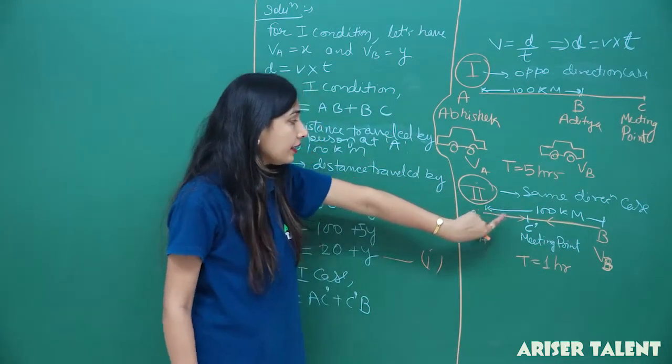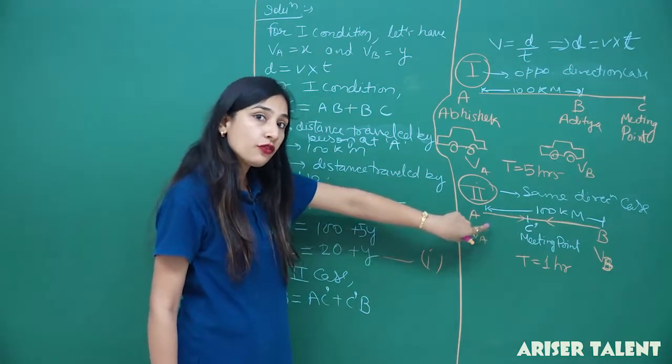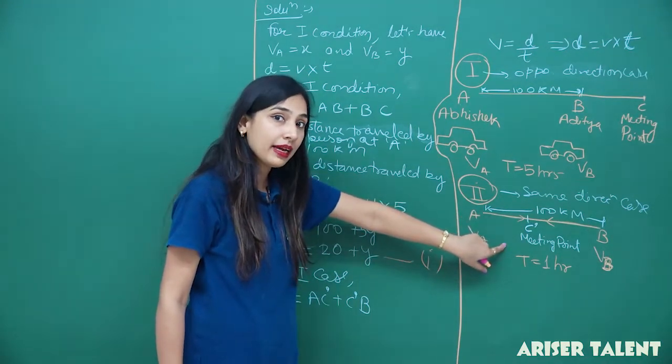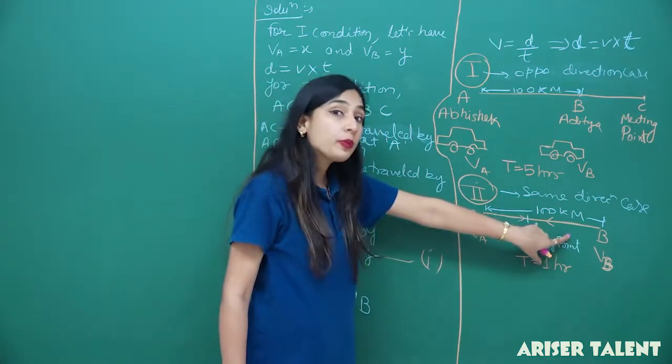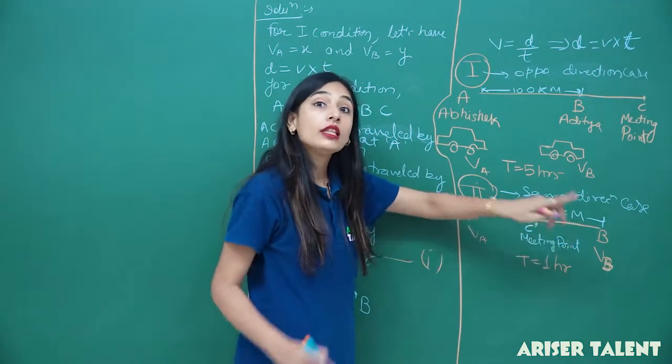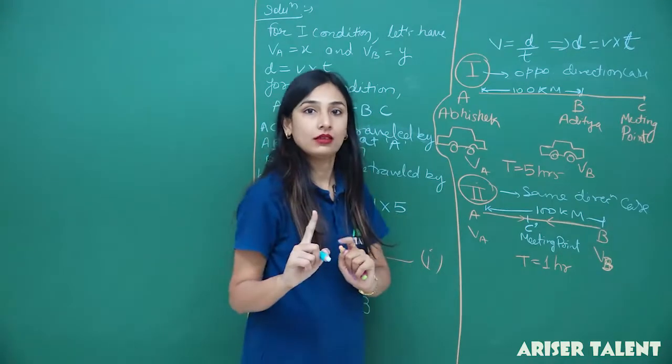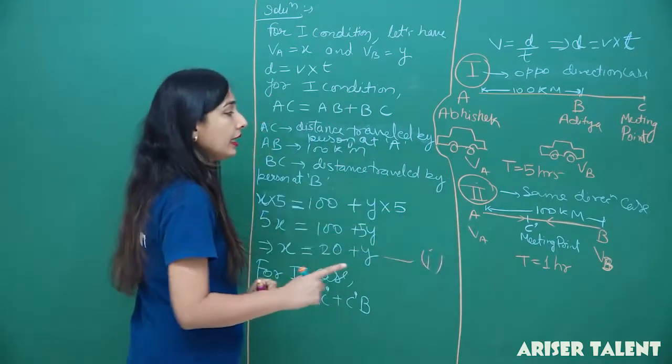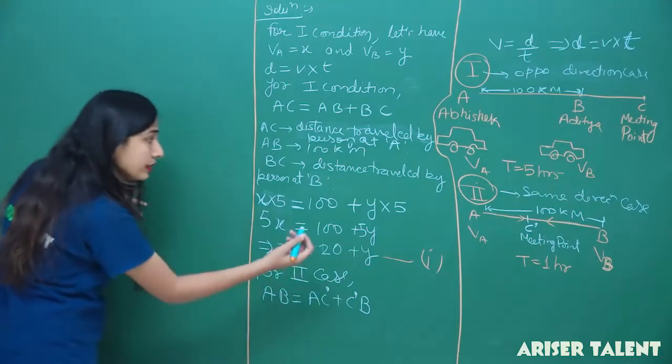So I can write here the speed of Abhishek multiplied by the time taken by Abhishek, and here the speed of Aditya and the time taken by Aditya. Now the time taken is the same, that is 1 hour for the second case.